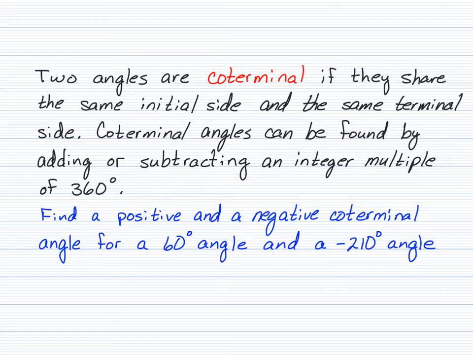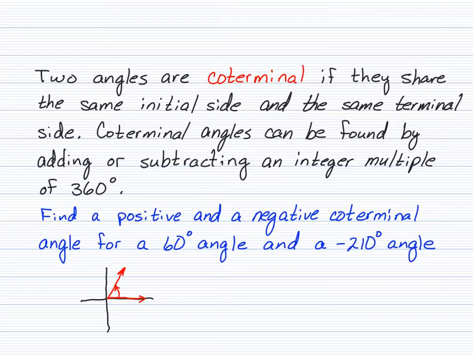So if we look at this question here, it says find a positive and a negative coterminal angle for a 60-degree angle. So let's start with this one right now. A 60-degree angle would be approximately right here.